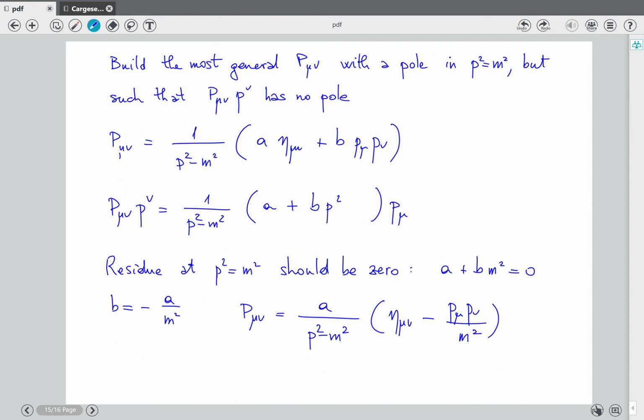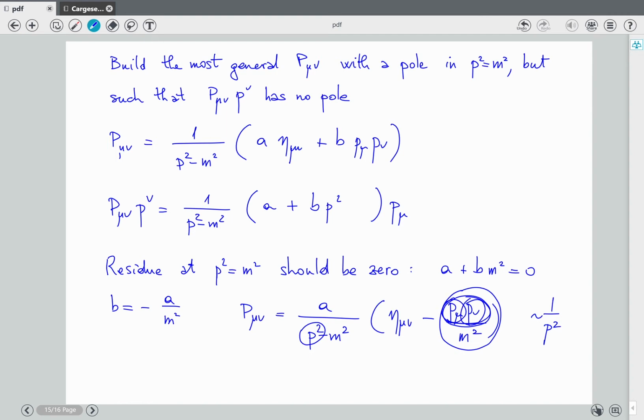By the way, observe that this is a normal term for the propagator, but this one has a bad power counting, because for large momenta it doesn't fall off like 1 over p squared. This increases like p squared divided by p squared.